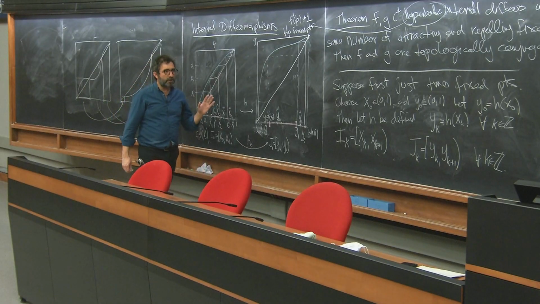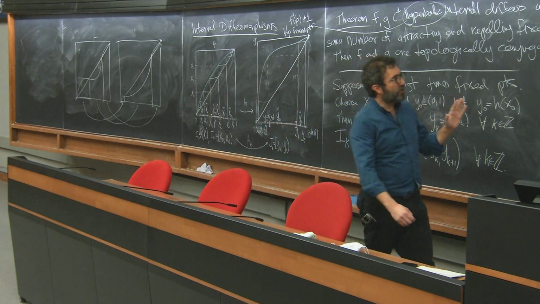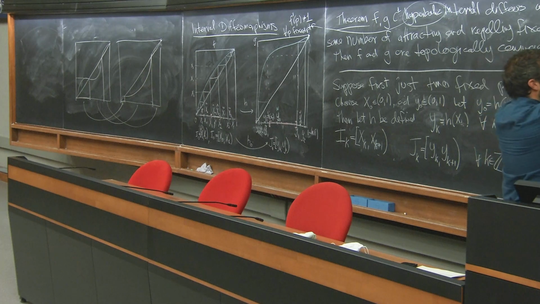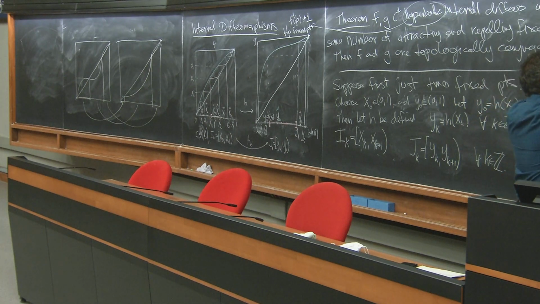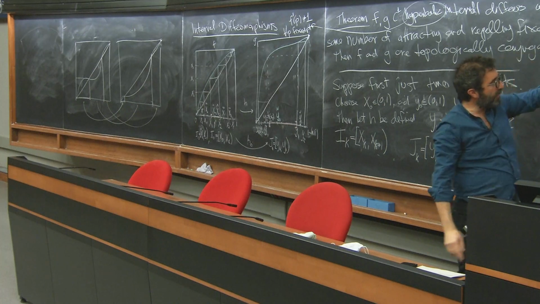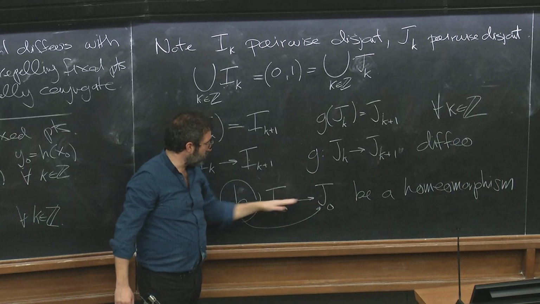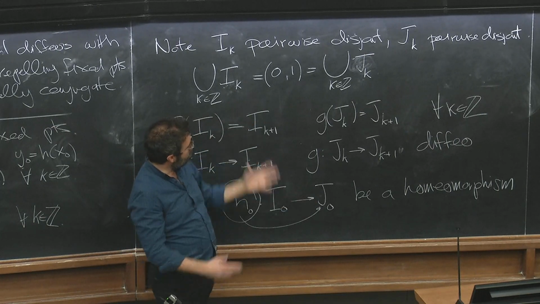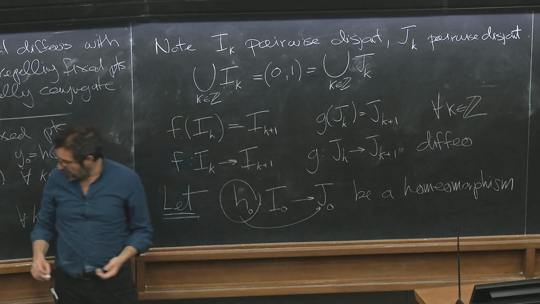So the most important point about this is that we've constructed the fundamental domains, which means intervals which have this property that they're pairwise disjoint, their unions cover essentially the whole domain, and they map one to the other, and then all you need to do is construct a homeomorphism between 2 of these fundamental domains, and you can extend this to the whole space.